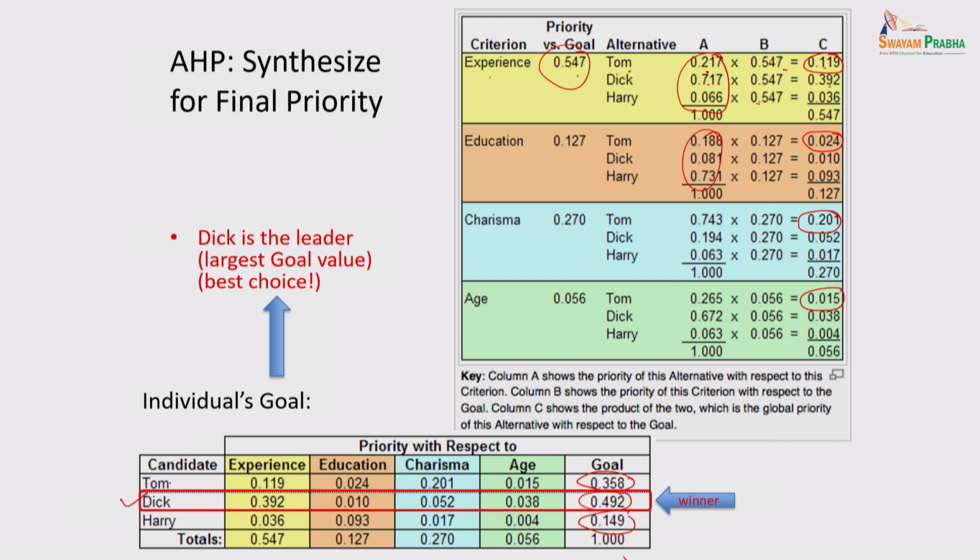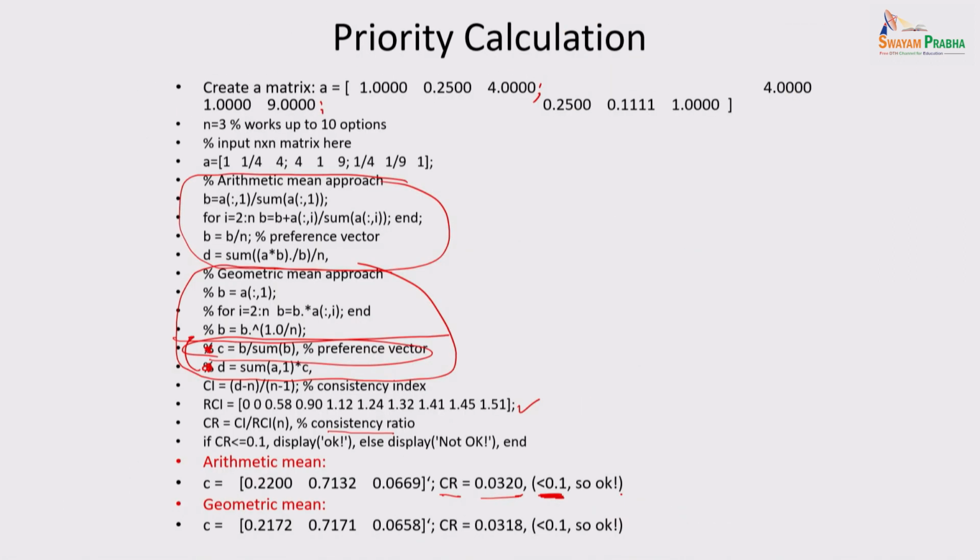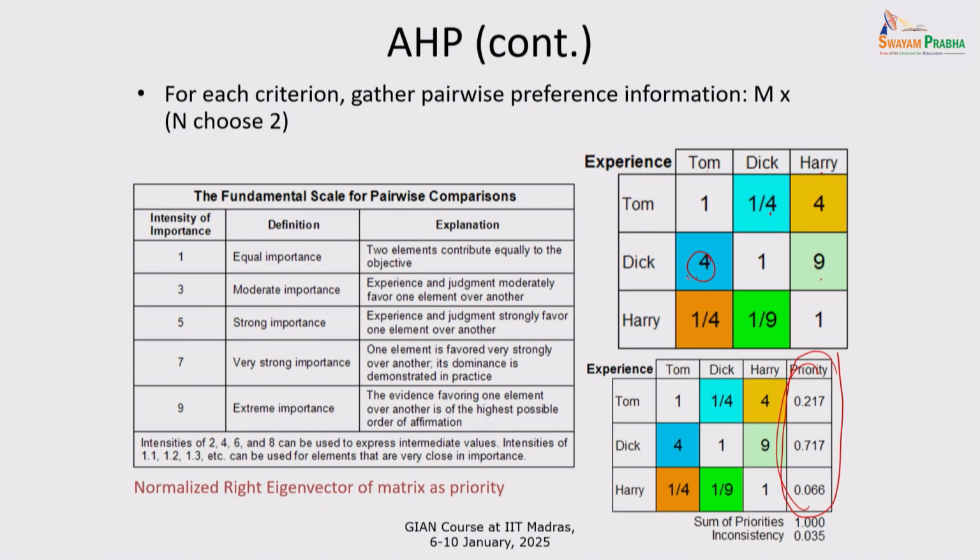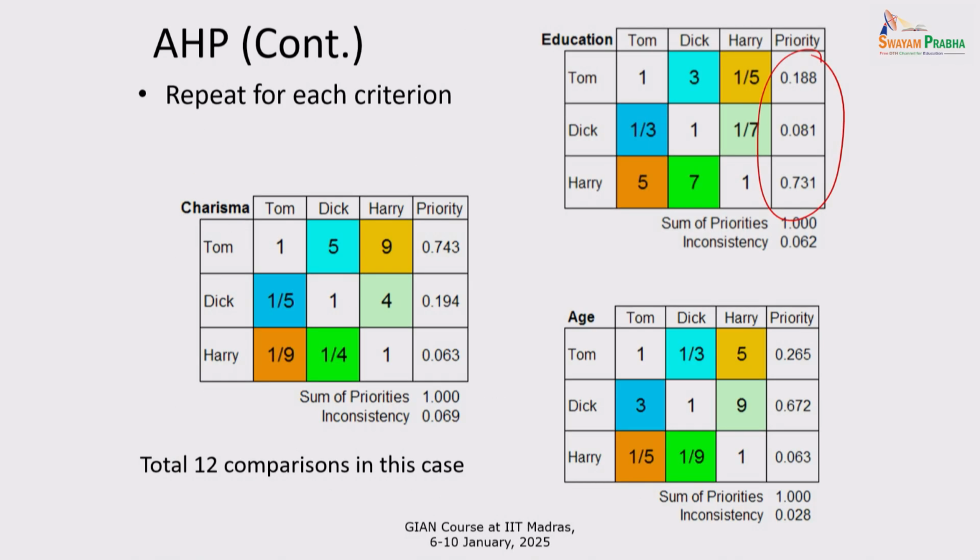Okay, if you now go back and see why Dick is the winner, you can see he has 4 times more experience, 9 times more experience than Harry. If you do the other one, age wise, maybe he's not that good, okay. But here again, Dick with respect to Harry in charisma is 4 times, but Tom has the most charisma, but age wise, he's kind of intermediate.